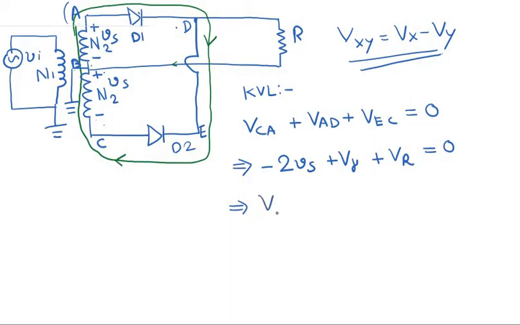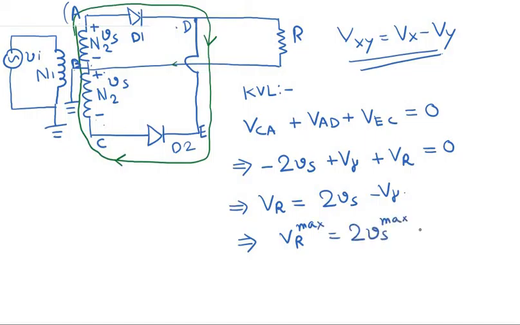So the reverse bias voltage VR is basically 2 Vs minus V gamma, and now this reverse bias voltage VR is basically maximum when this quantity Vs is maximum. So VR max is equal to 2 Vs max minus V gamma.